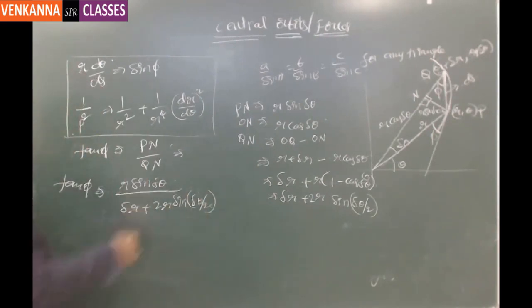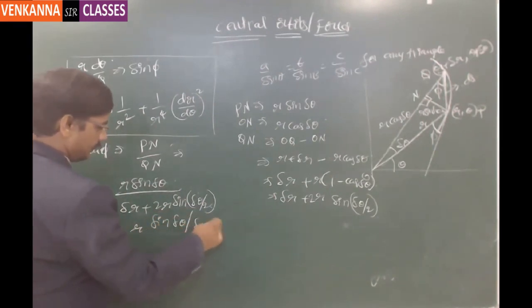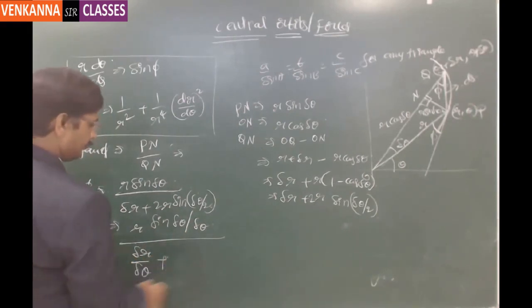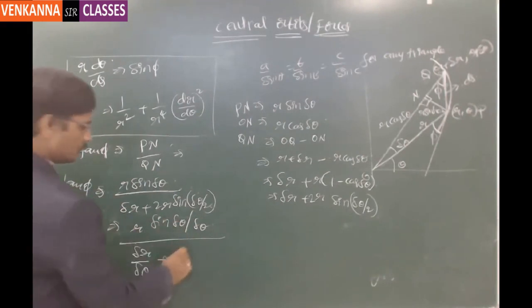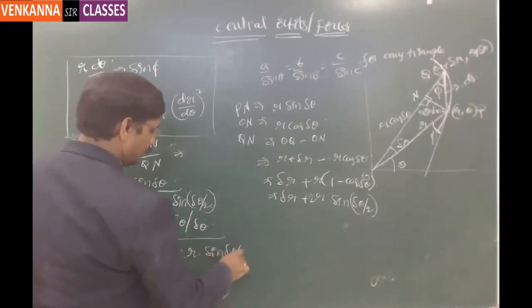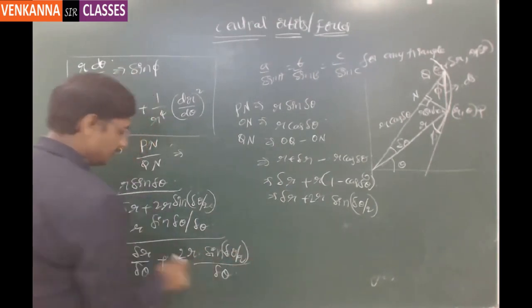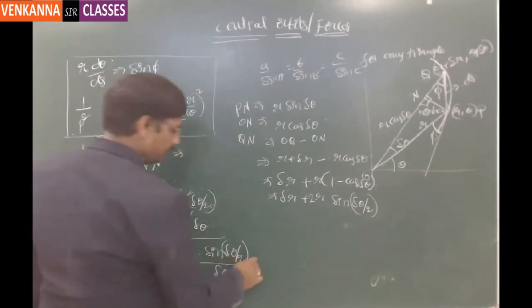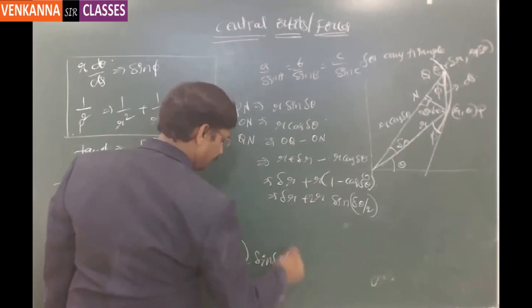Now if I divide the top and bottom by delta theta, this is r sin delta theta by delta theta, divided by delta r by delta theta plus 2 times r into sin square delta theta by 2 divided by delta theta. Sorry, this is sine square, right? So one sine here and here again sine delta theta by 2 is there.